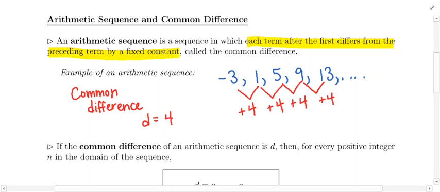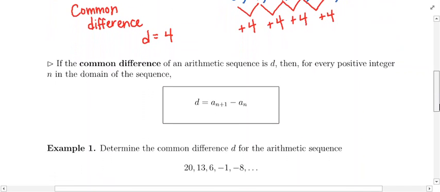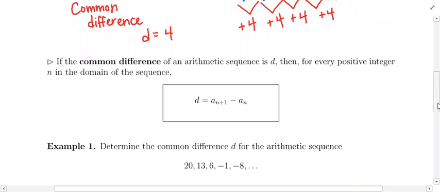Below this, you'll see the formal definition for common difference. It says if the common difference of an arithmetic sequence is d, then for every positive integer n in the domain of the sequence, we can calculate the common difference d by taking a_(n+1) and subtracting a_n.